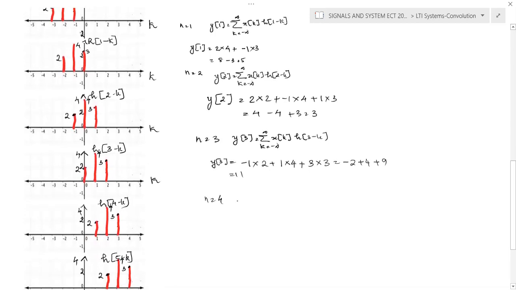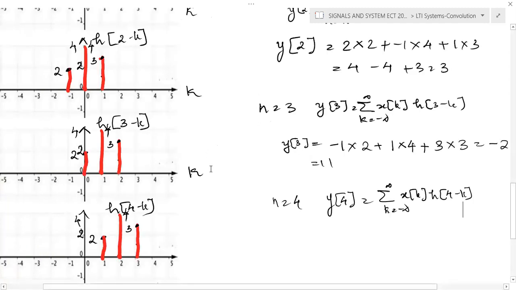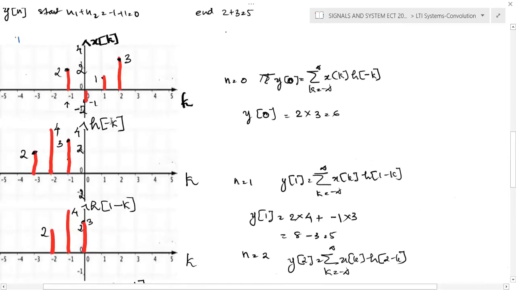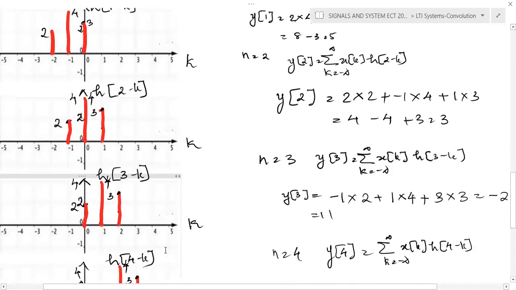Now we need n is equal to 4. At n is equal to 4, you can write y of 4. So y of 4 is equal to sigma k is equal to minus infinity to infinity x of k into h of 4 minus k. And again, if you shift the just previous signal h of 3 minus k 1 unit, you will get h of 4 minus k. And if you take the reference h of minus k, you need to shift 4 units. If you take h of 3 minus k, only 1 unit.